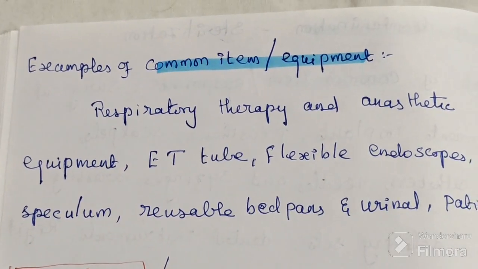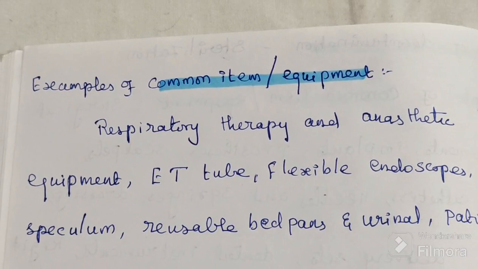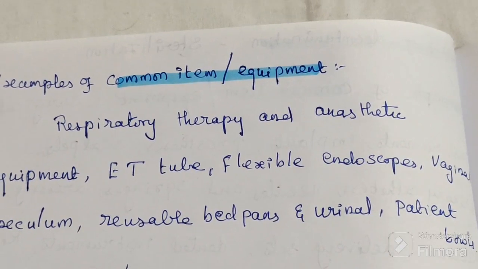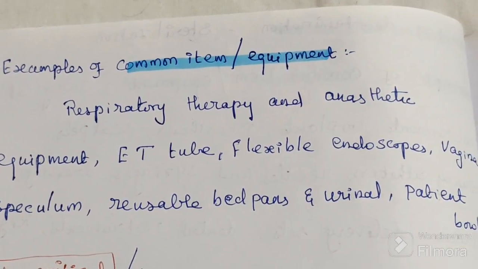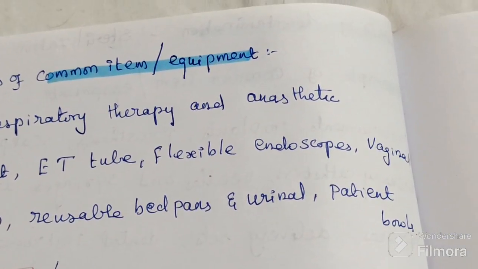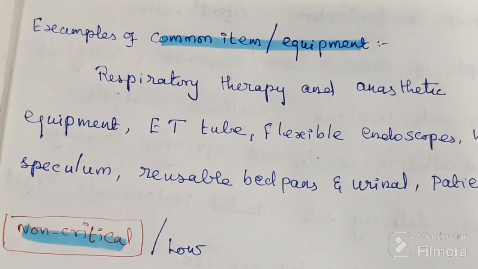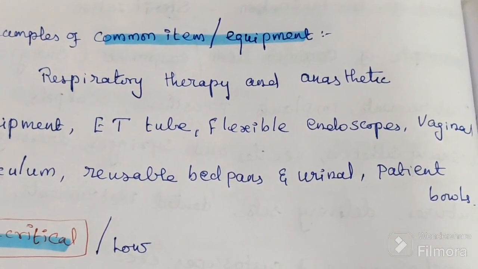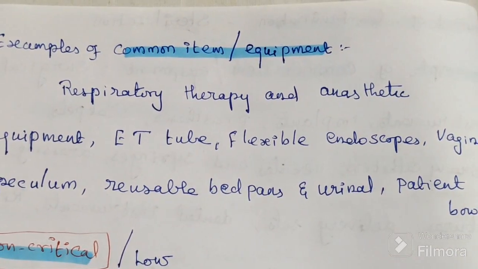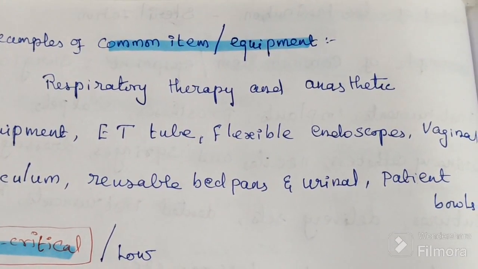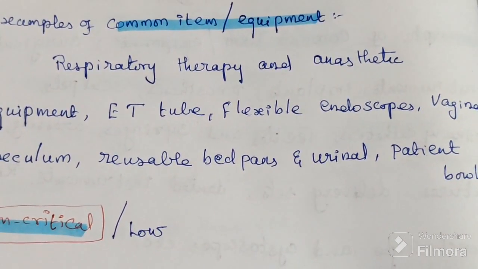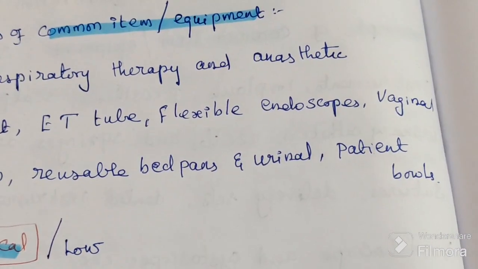Examples of common items or equipment used at this intermediate level: respiratory therapy and anesthetic equipment, endotracheal tubes, flexible endoscopes, vaginal speculum, reusable bedpans, urinals and patient bowls.